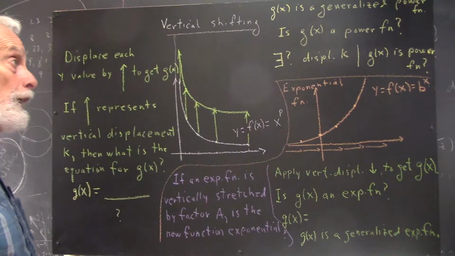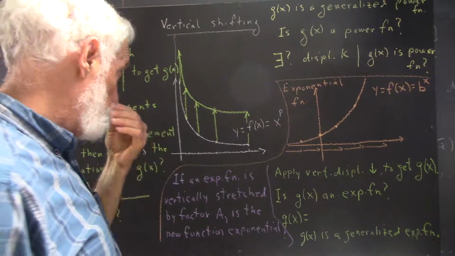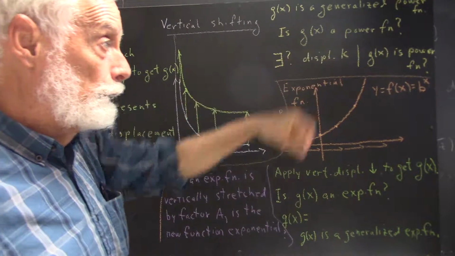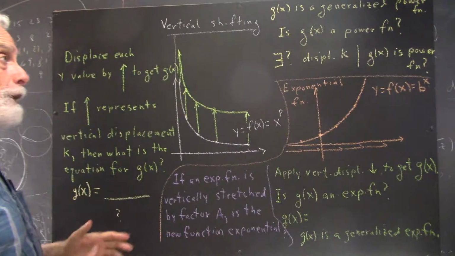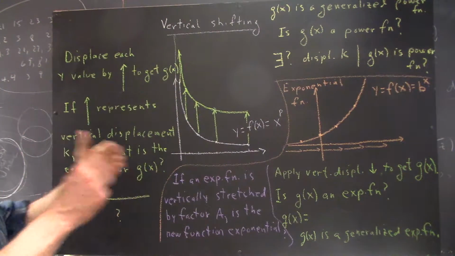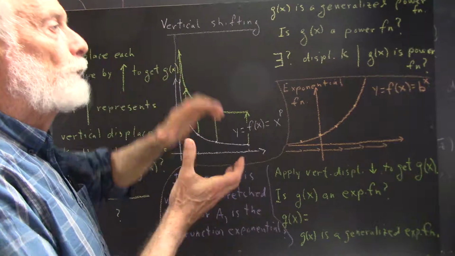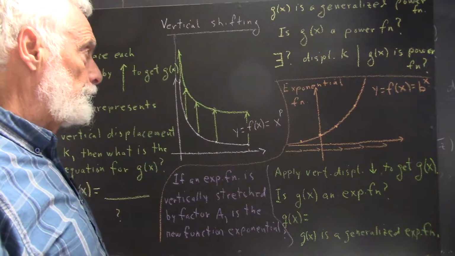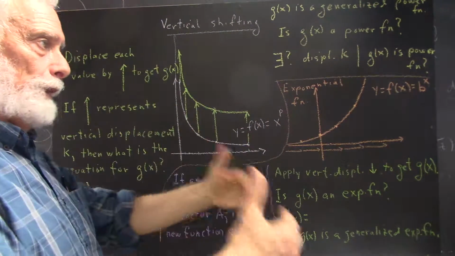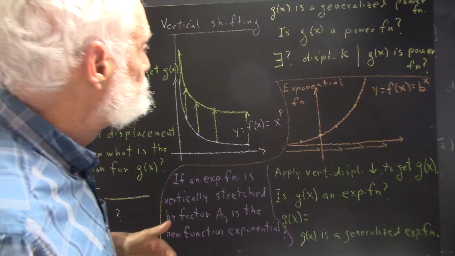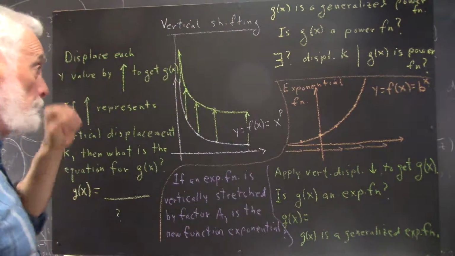By power function, I mean a function of the form y equals x to the p. That's what a power function is. A generalized power function has some extra stuff, but a power function is y equals x to the p, or a vertical stretch or a multiple of y equals x to the p. So it's y equals a times x to the p.